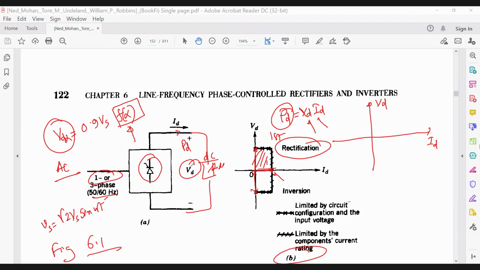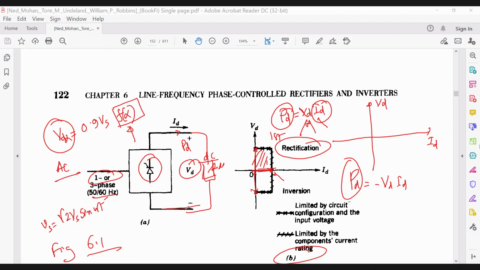But if your VD is negative, your current is still always positive. Then is PD positive or negative? PD is negative, right? So the power absorbed by the load is negative.